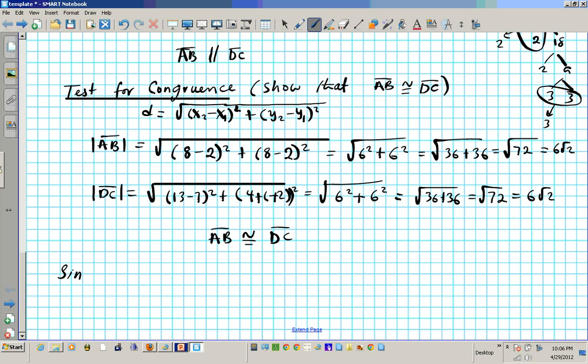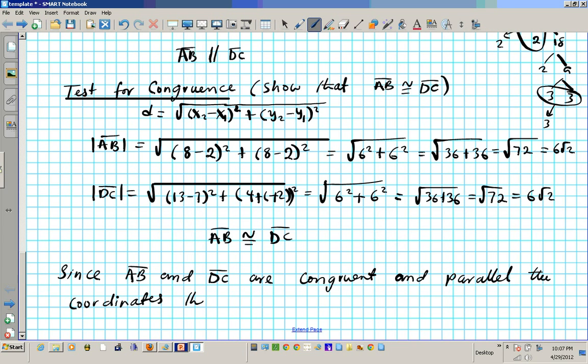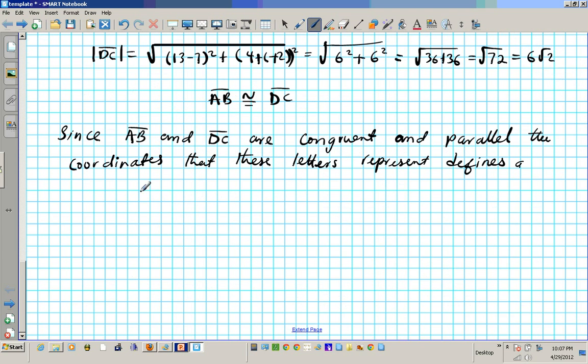Since segment AB and segment DC are congruent and parallel, the coordinates that these letters represent, which is the original problem, defines a parallelogram.